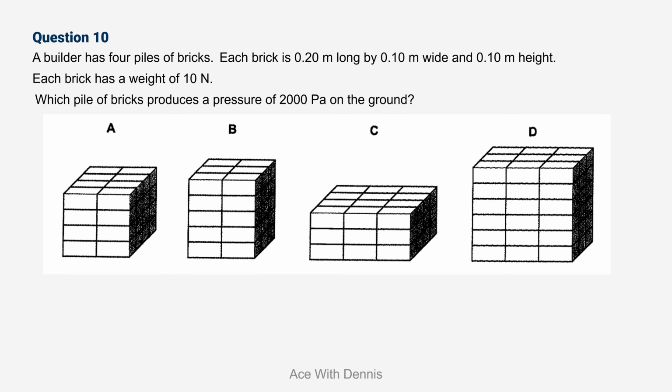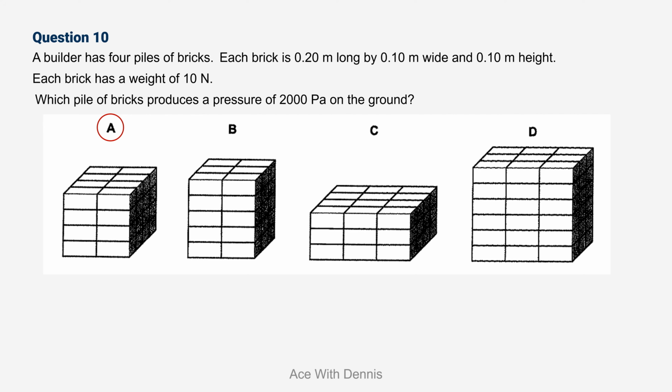The question is, which pile of bricks produces a pressure of 2000 pascals on the ground? The answer is A. So we know that to calculate the pressure, it will be F over A, where in this case, F will be the total weight of each pile.